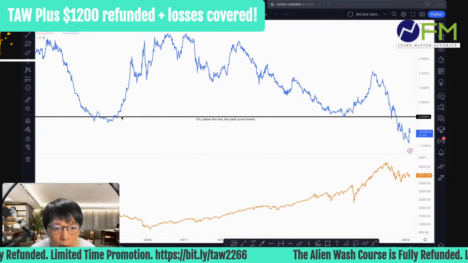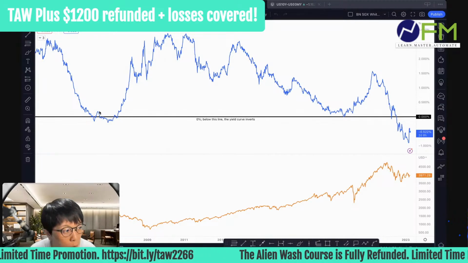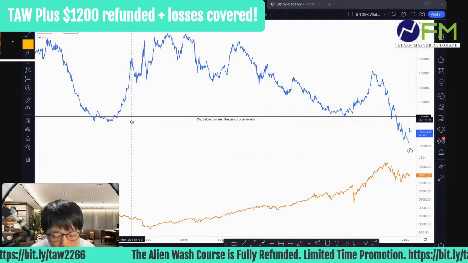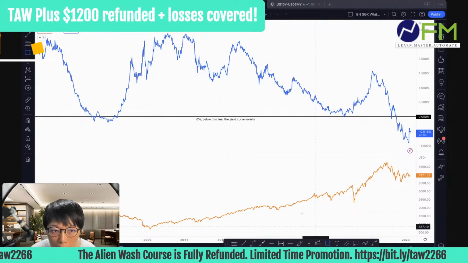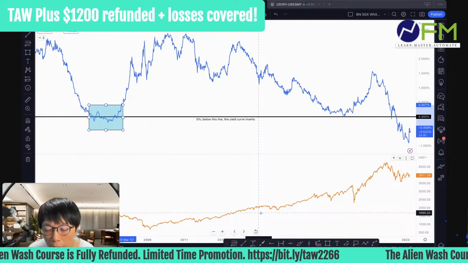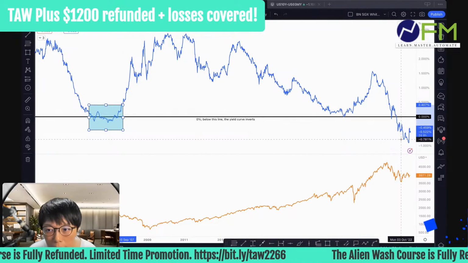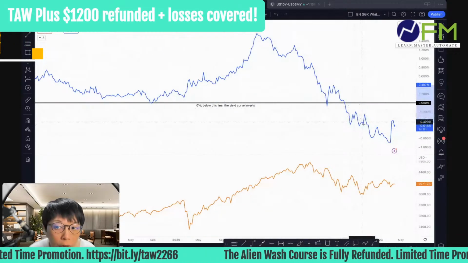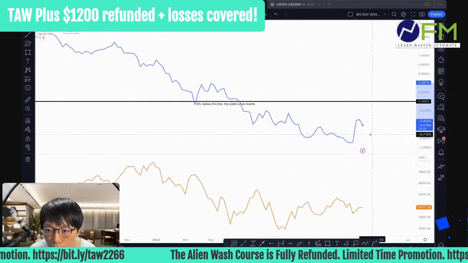Let me just draw that for you. This place here shows that the 10 and the 2 has inverted. Right now, what we are seeing is that the 10 and 2 had inverted again. But I want to bring up one thing.